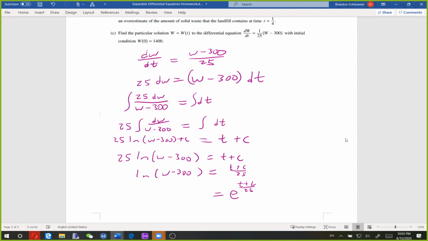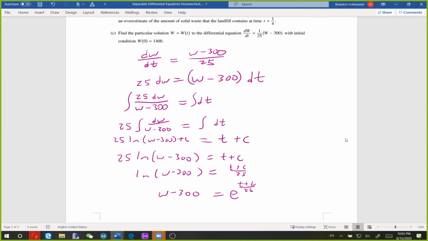So what you've done really is you've raised both sides to the base of e. But e and log base e will cancel. So that leaves me with w minus 300 on the left side. Okay, so after raising both sides to the base of e, my natural log will cancel, and I'll be left with w minus 300 equals e to the t plus c over 25.